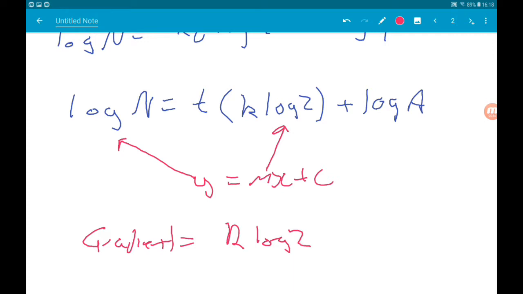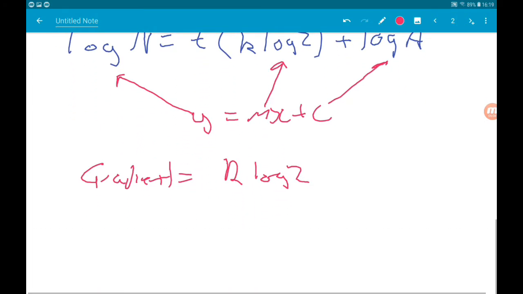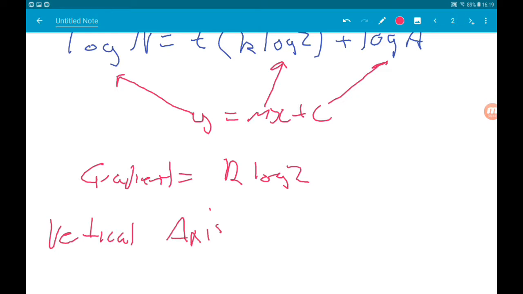The x here is our t, the variable, and c, the y-intercept, or here the log n intercept, is log a. So the vertical axis intercept is log a. Cool.